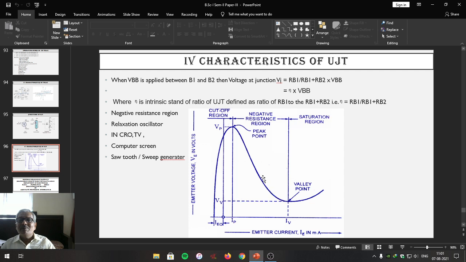So this is the particular part within which there is an increase in current, but a decrease in voltage. This is against Ohm's law.